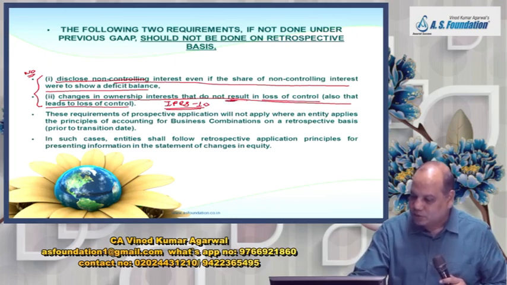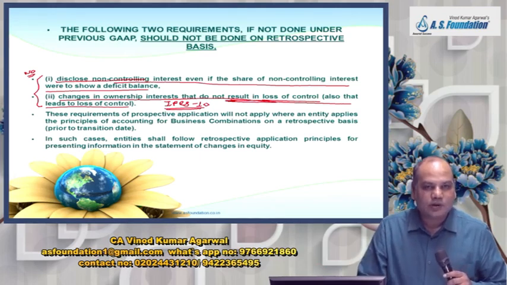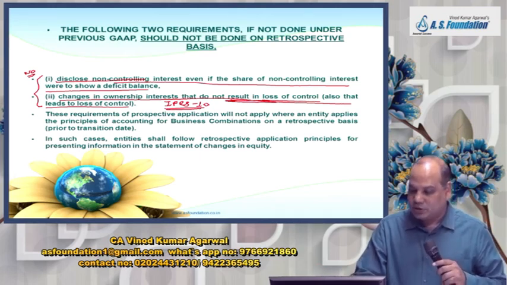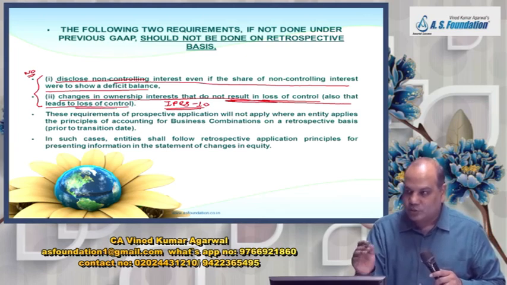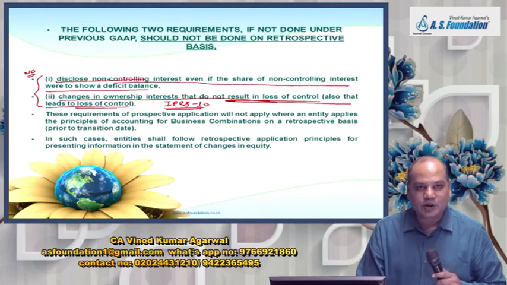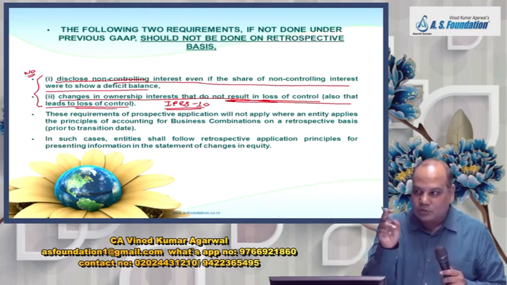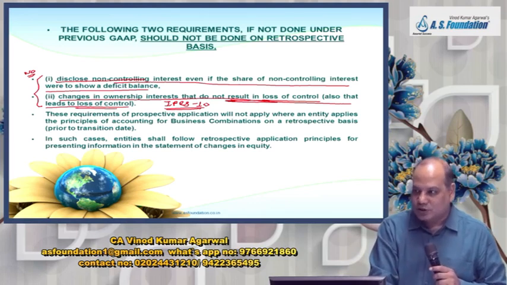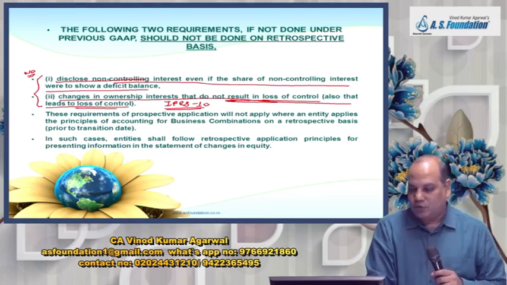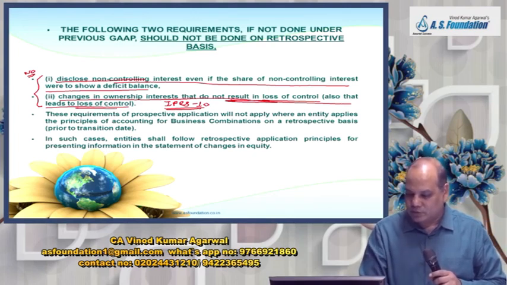Change in ownership interest which does not result in loss of control, example, from 80% to 70%. Change in ownership interest that results in loss of control, example, from 80% to 40%. And then we have taken a few examples of how it affects my financial statement. If you have not done it in the past, don't do it now with retrospective effect. This requirement of prospective application will not apply.